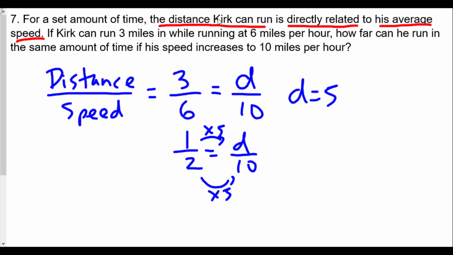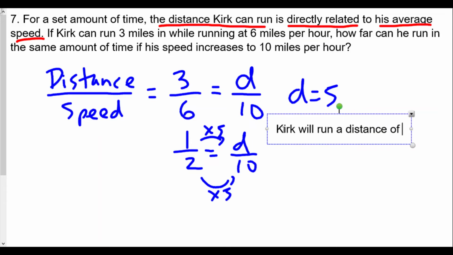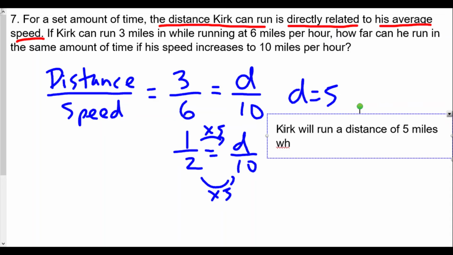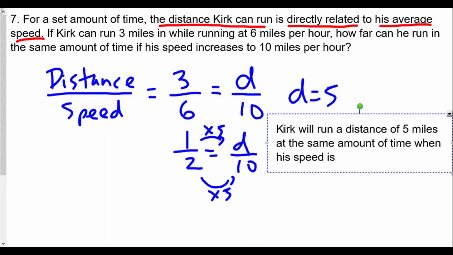And our summary in this case, because we'll summarize this here. So we want to say that Kirk will cover, or run, a distance of 5 miles in the same amount of time when his speed is 10 miles per hour.